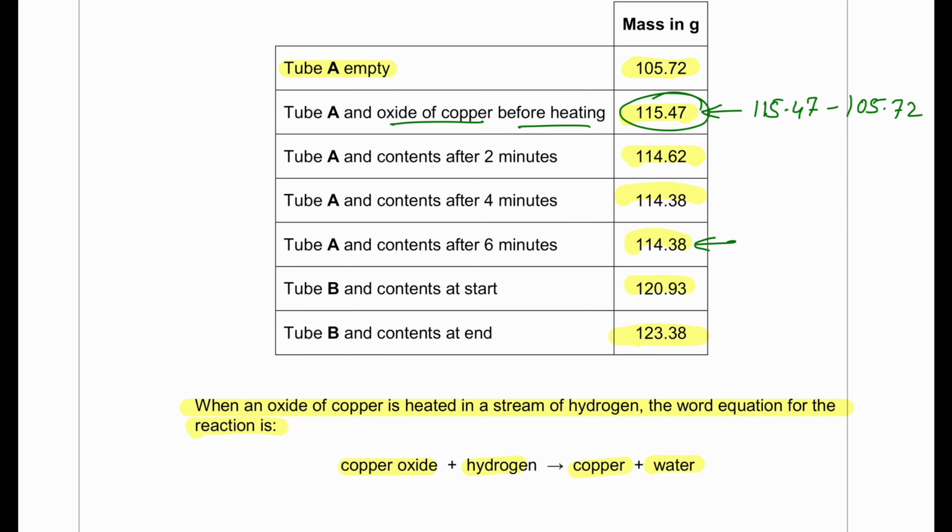So 115.47 minus 114.38. Because all the oxygen has already gone away, this will give us the mass of the oxygen that has gone from here. So if we know the mass of copper oxide from here, and we know the mass of oxygen from here, we can do a subtraction to find this out.